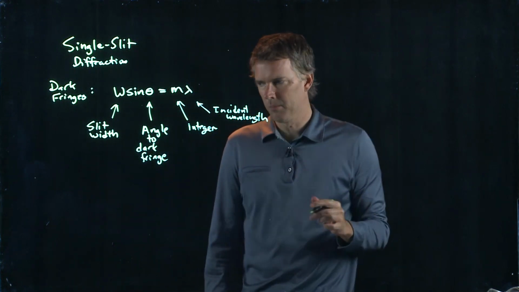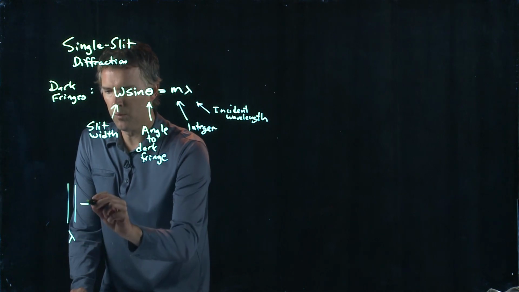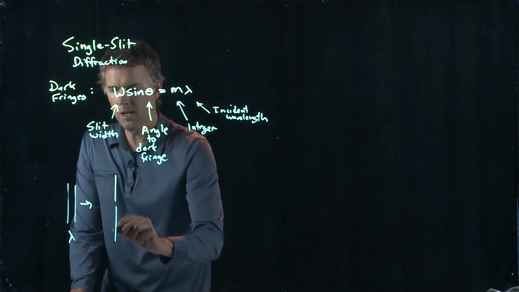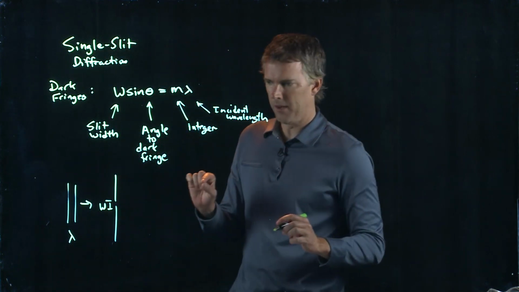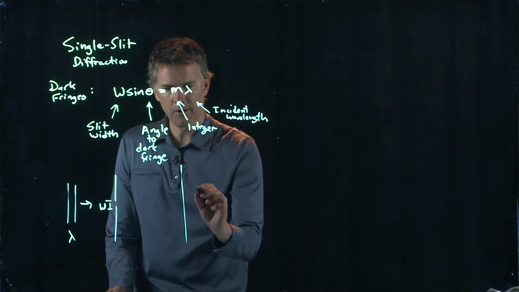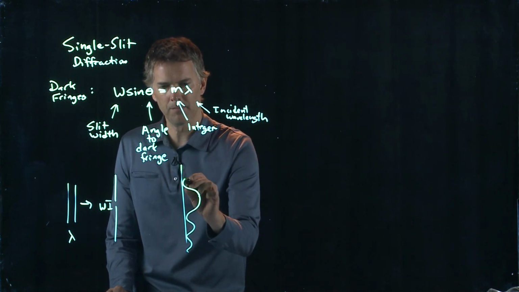Okay, so like we said before, if we have light of wavelength lambda coming in, it hits a hole of width W. It's going to make a pattern on a distant screen, and that pattern has this characteristic shape.